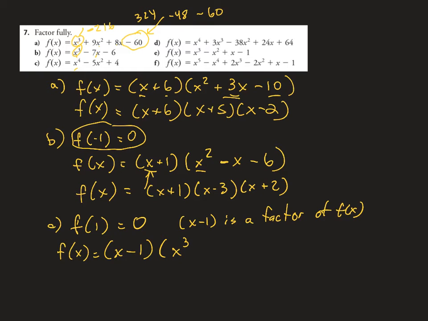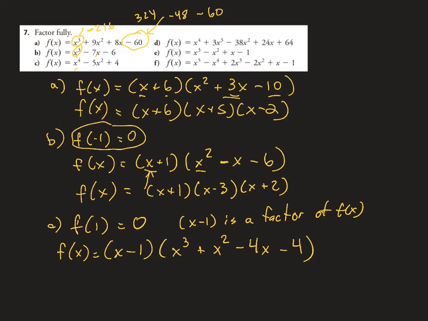That gives me x to the 4, so minus x cubed, plus x squared, minus x squared. So minus another 4x squared. It's going to be plus 4x. I have to do minus 4x and that gives me a plus 4. Perfect.